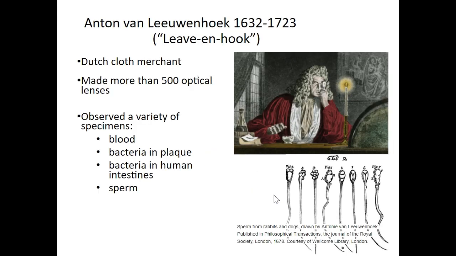Okay. So one of the characters that is instrumental in the theory of cells and the idea of microscopic life was Anton van Leeuwenhoek. He did a lot of work in the 1600s.